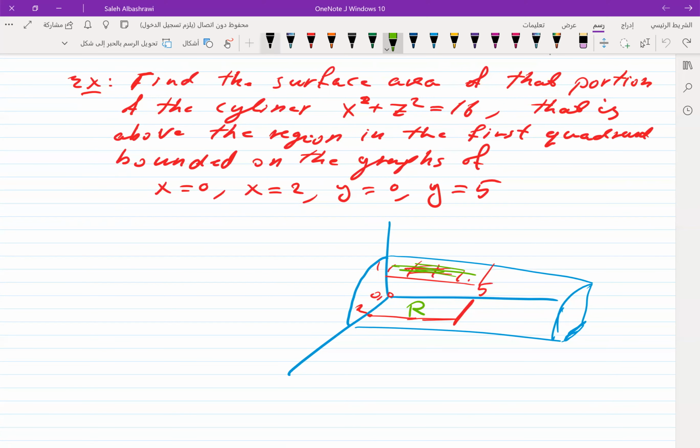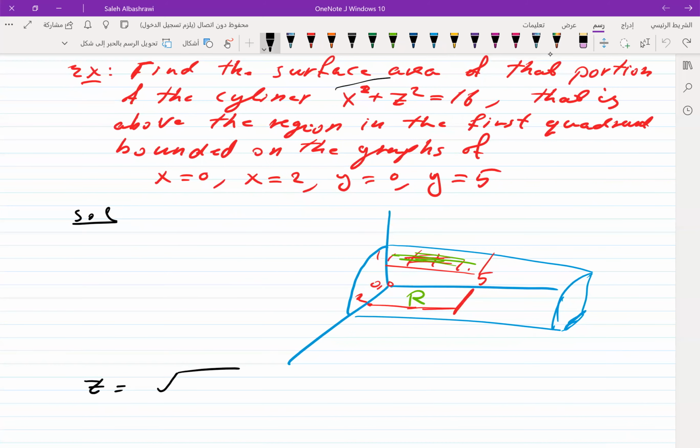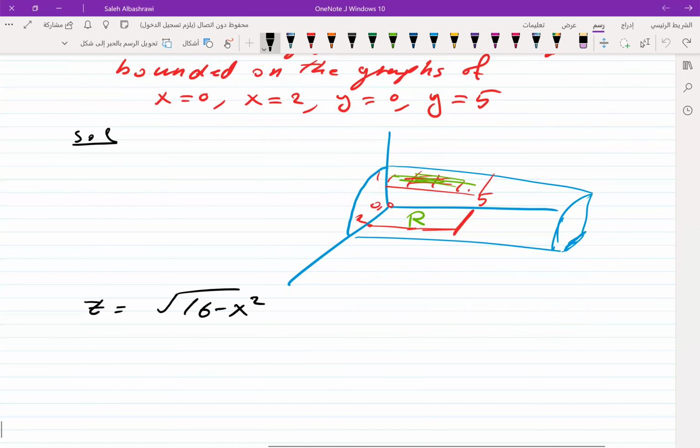So first of all, we have to write the z variable as a function of x and y. We don't have y, we have only x. So z equals the square root of 16 minus x squared, from x squared plus z squared equals 16. And this will be my function, f of x, y.